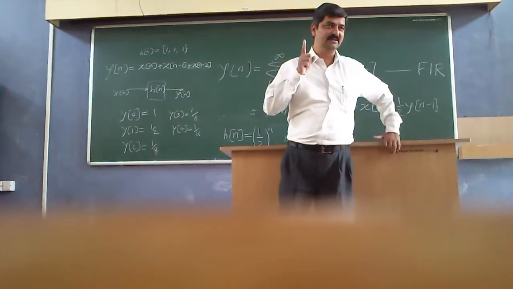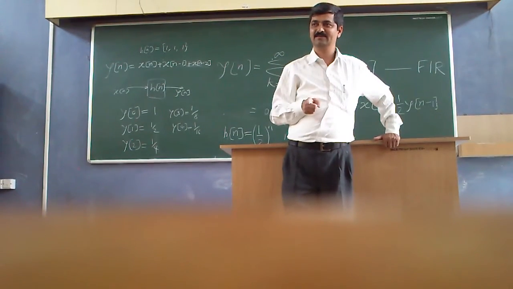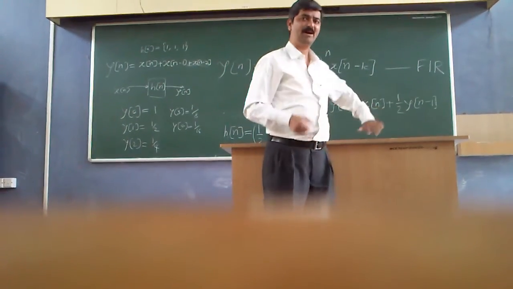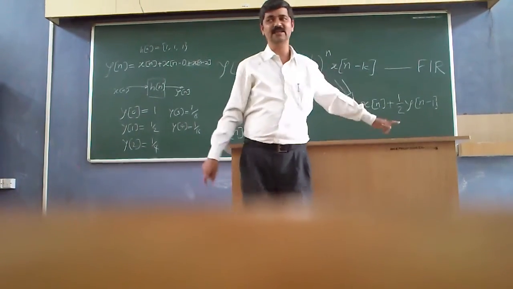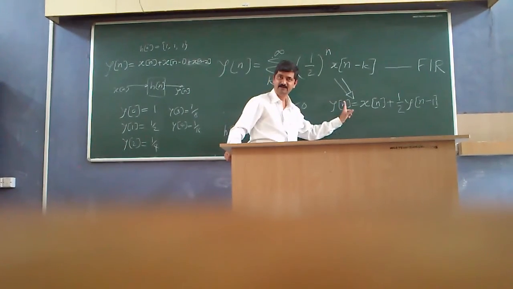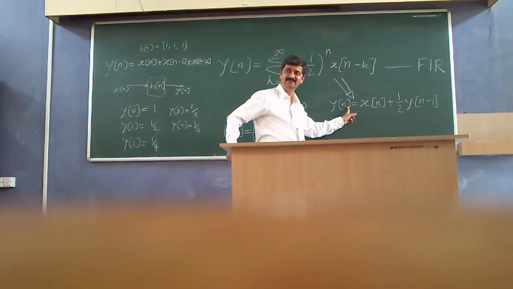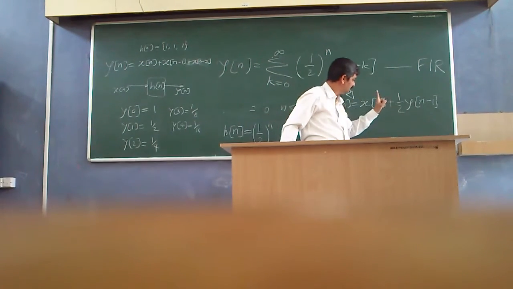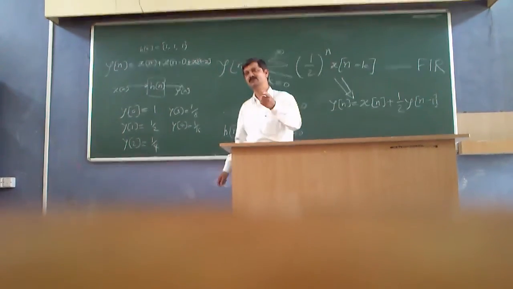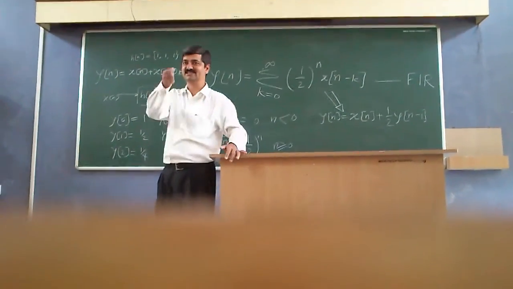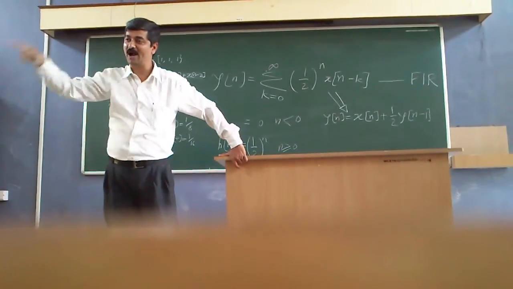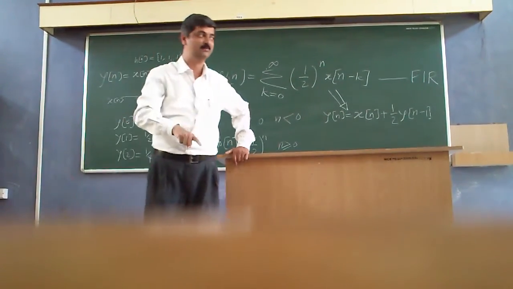That a recursive equation with only a few terms, only a two-term equation, even if n is 10 lakh, y 10 lakh must depend on what? On x 10 lakh minus 1 till x0. Y 10 lakh must also depend on x0.